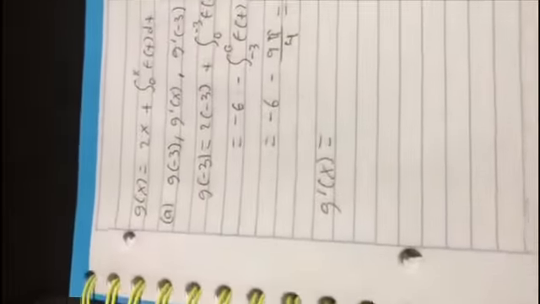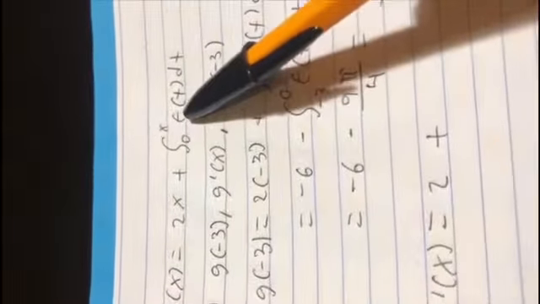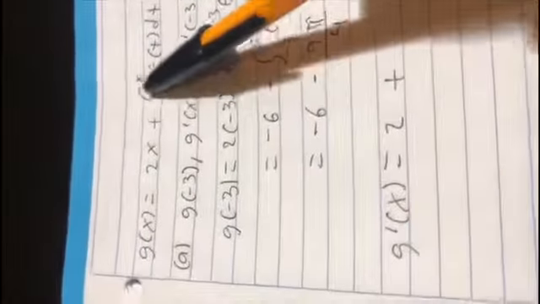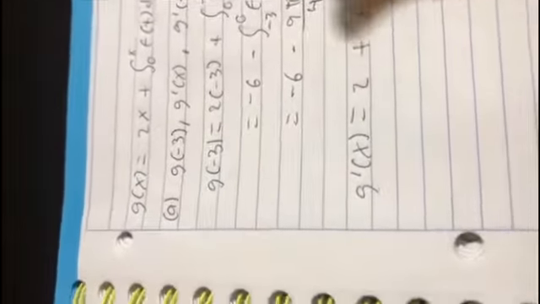Then it asks to get the derivative of g. So g prime of x is equal to the derivative of 2x, it's 2, plus, by using the second theorem, the derivative of this one is 1, and putting it into the function, we get f of x. So this is the derivative of the function g.